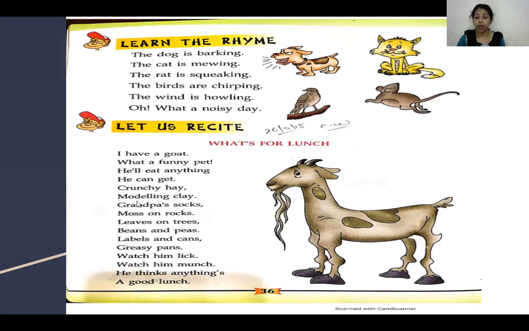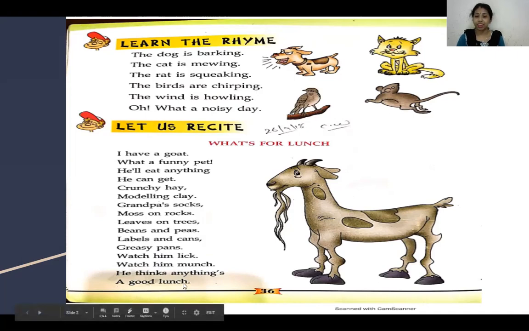Crunchy hay, modeling clay, grandpa's socks, moss on rocks, leaves on trees, beans and peas, level sand cans, greasy pans. Watch him lick, watch him munch. He thinks anything's a good lunch.